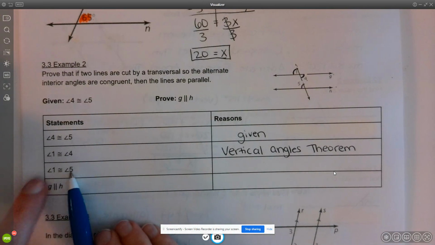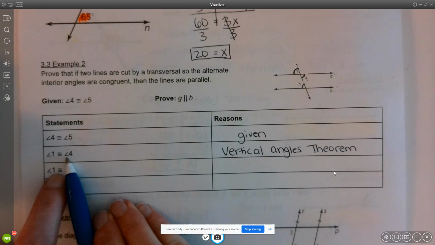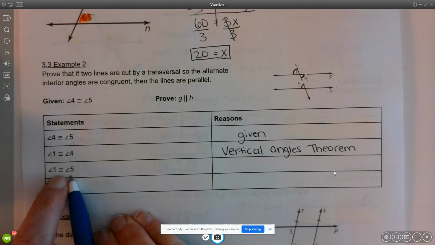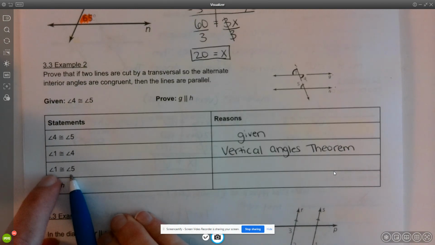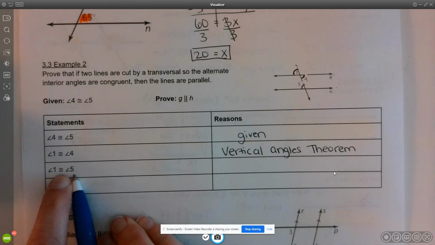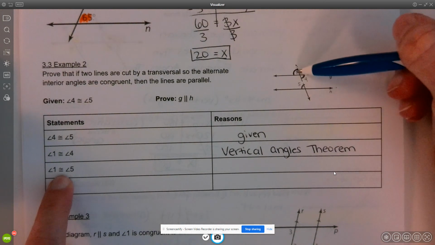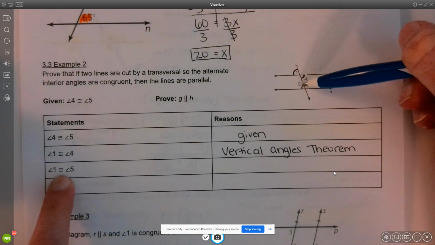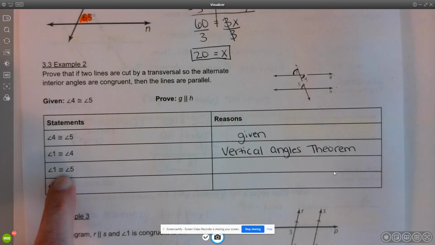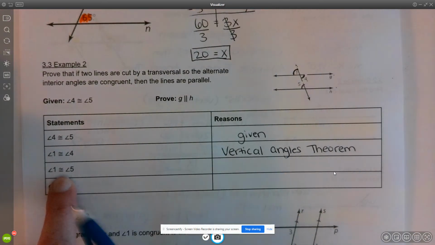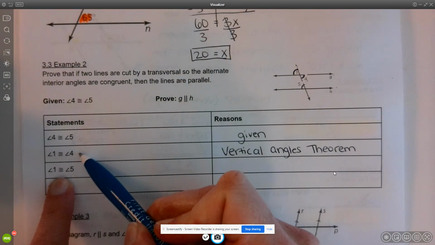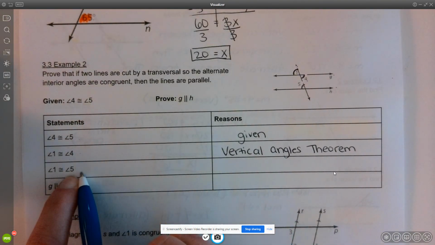So now, after concluding that angle 1 is congruent to angle 4, we're able to say now that angle 1 must be congruent to angle 5. We can see that in the picture. They both have one arc on their angles. And so we have to think about what property we are using to take these two statements here and conclude this third one.